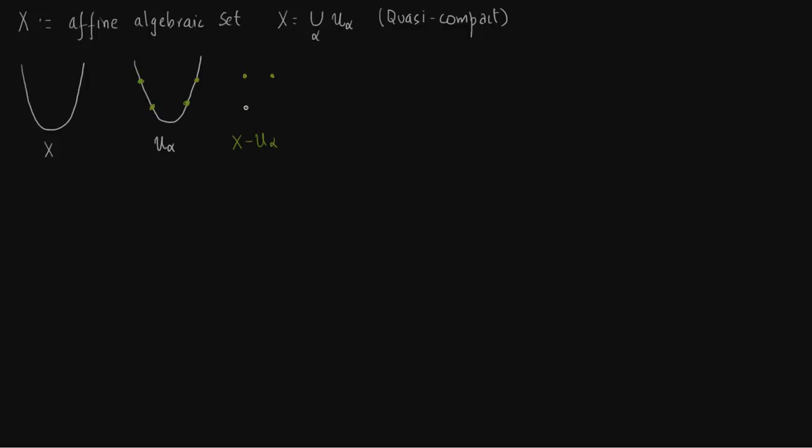So X minus U alpha consists of these 4 points. Basically there is a polynomial f which cuts X at 4 points, and those are precisely the 4 points which I have taken out of X to get U alpha. And X minus U alpha is a closed set, as you can see, because U alpha is open.